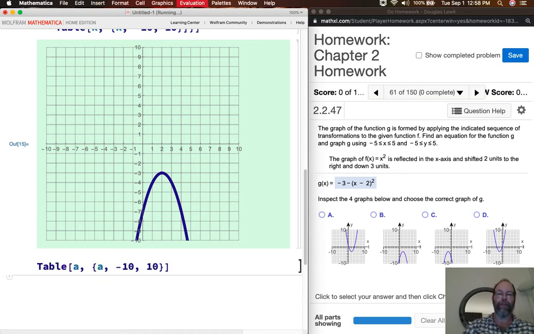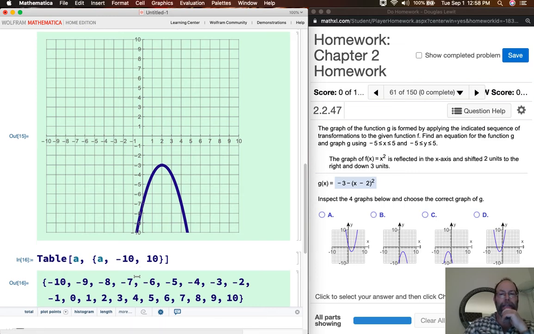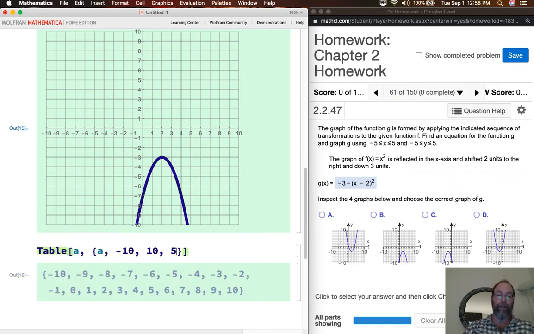What does that do? All it does is generate a list of values that range from -10 to +10, and the default step is always going to be 1. I can change the default step. Let's say the step is 5.